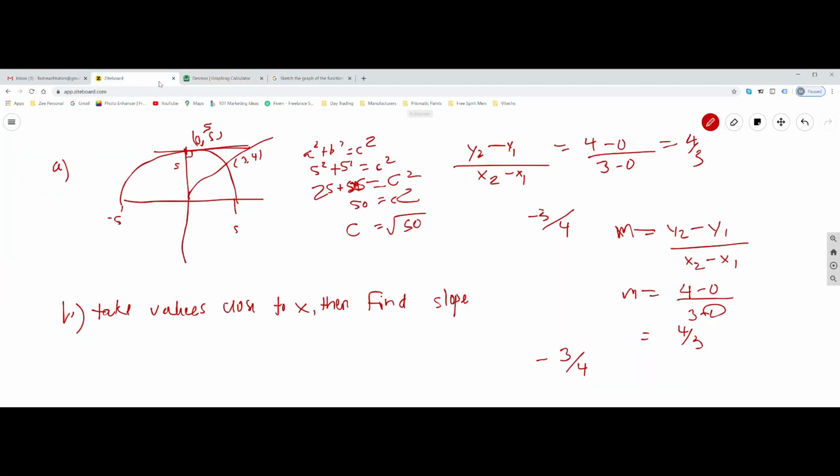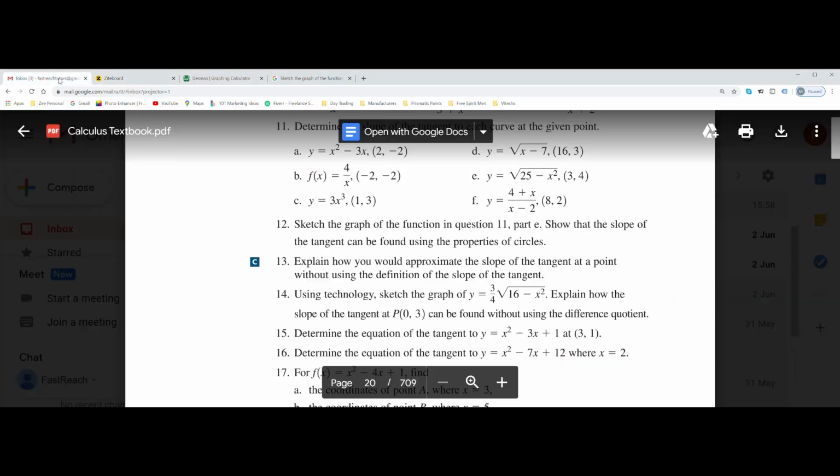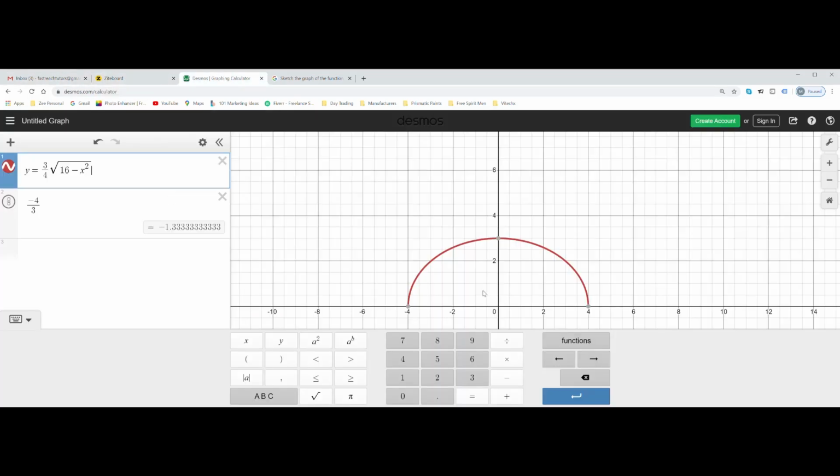Is that the right one? And slope of the tangent at 0 and 3. So if we sketched it, look, this is how it looks like. So like this. Cut it. Yeah, paste. So now this is the graph.